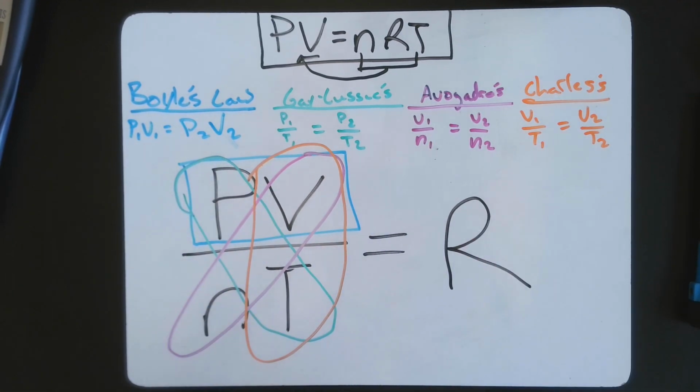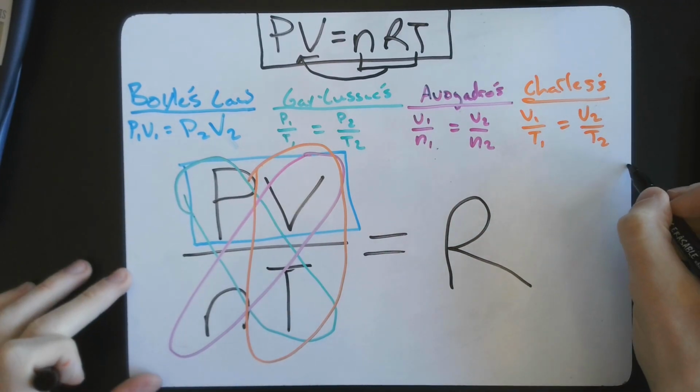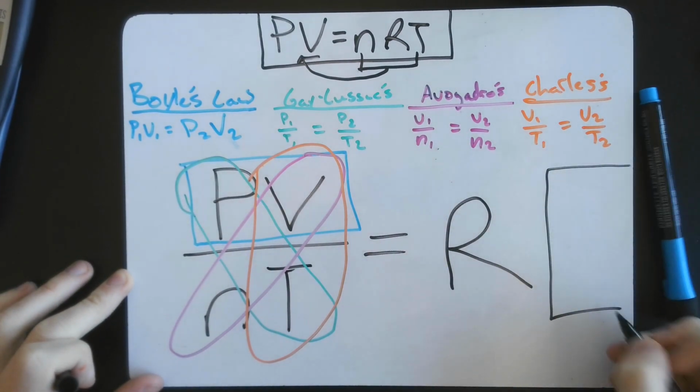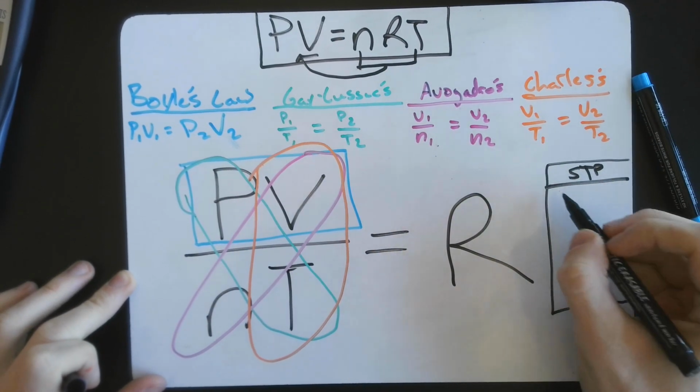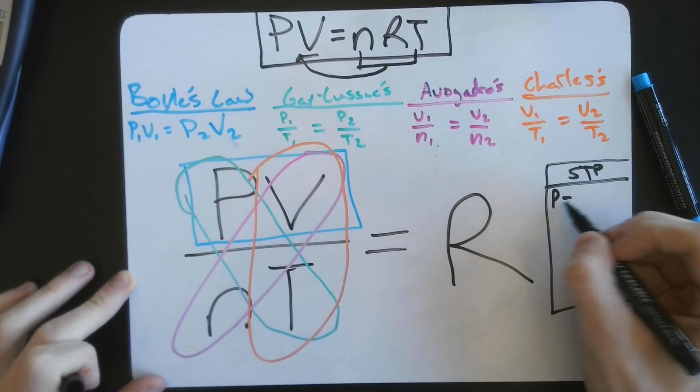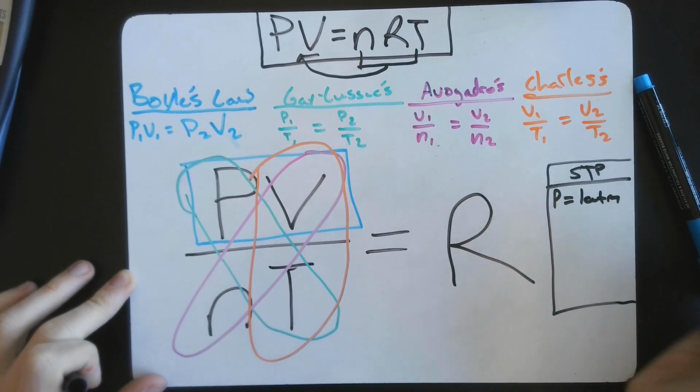All of these gas laws, if you plug in STP conditions, standard temperature and pressure conditions, which I'll write over here on the right, at STP, pressure equals 1 atmosphere.